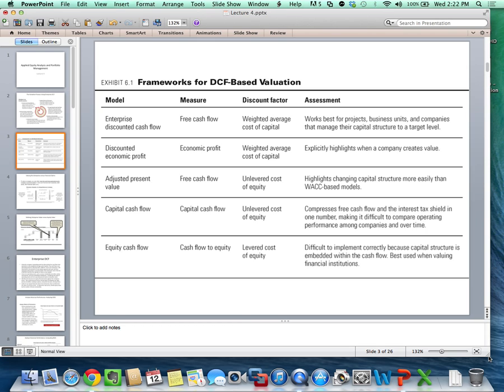Because part of what we're going to do professionally and in this class is we really want to know the difference between operating and financial performance. The capital cash flow method says you don't have to get the value of the firm. So technically that's right. And I'm sure whoever did this in their PhD defense got a really good valuation from their committee and they said, great job. But practically in the real world, it's not used because it's just not useful information. So therefore, we're not going to spend much time on it.